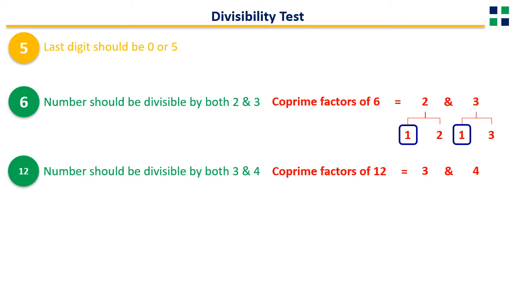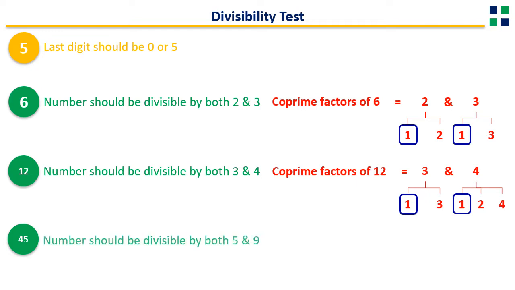अब देखिए 3 के factors क्या है? 1 and 3. और 4 के factors क्या है? 1, 2 and 4. उनका highest common factor है 1. So 3 and 4 हो गए co-prime factors of 12. Okay. What is the divisibility test for the number 45 by the same method? अब हम 45 से दो co-prime factors derive out करेंगे.